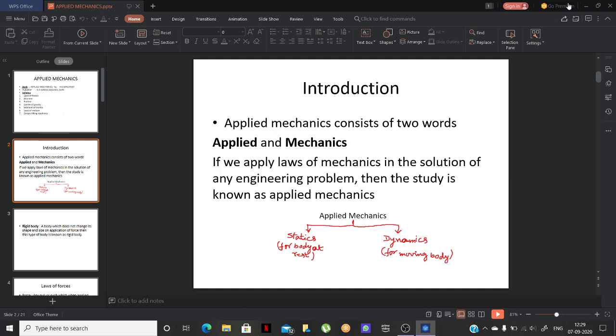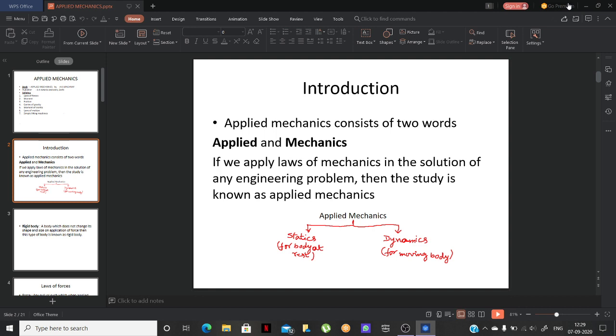Now, if you apply these laws of mechanics into the solution of any engineering problem, then that study is known as applied mechanics. So, applied mechanics is the branch of engineering which deals with the study of application of different laws of mechanics for the solution of various engineering problems.